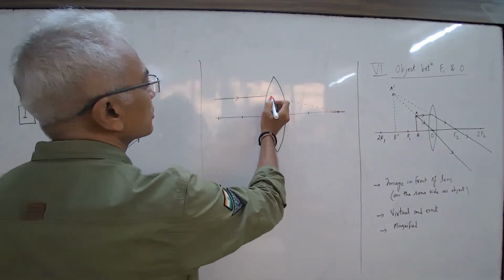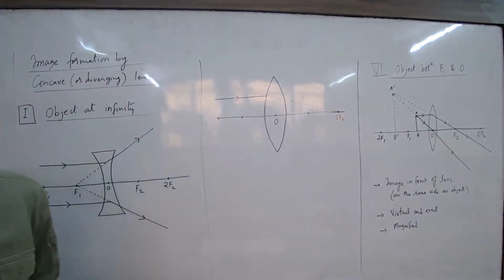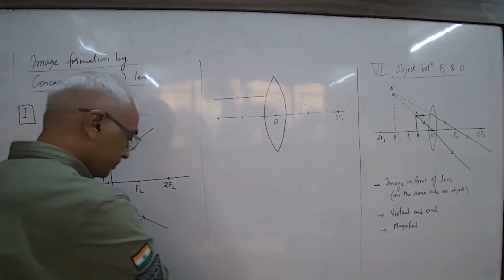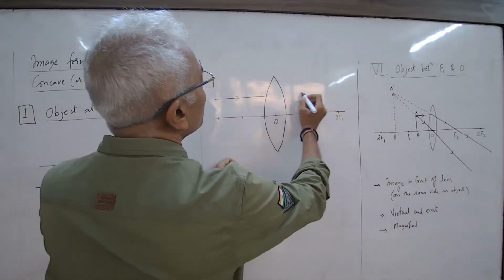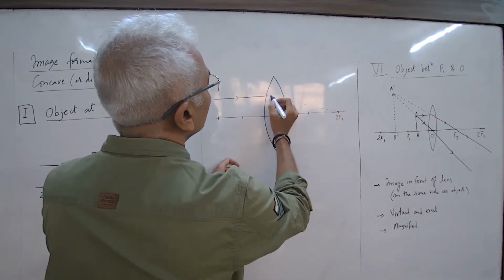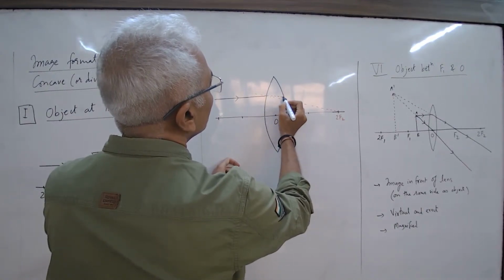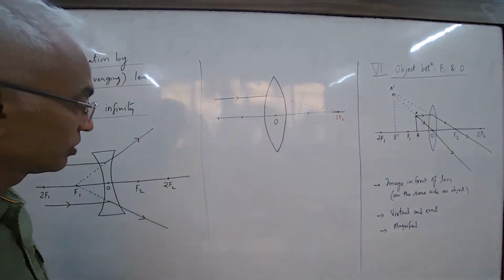For this surface, the normal is here at 2f. Now, if it goes straight, it will go like this. But it will bend a little bit, towards the normal.